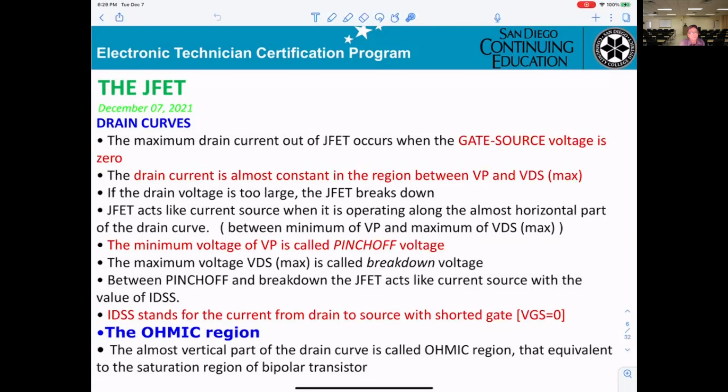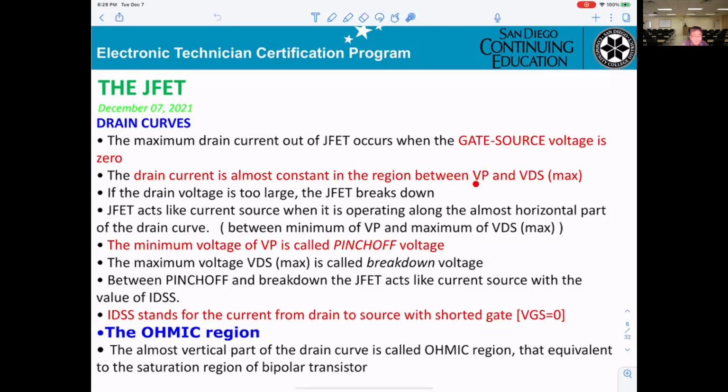That means when VGS equals 0, the drain-to-source current ID goes to the maximum, and they call it IDSS. The drain current is almost constant in the region between VP and VDS max.